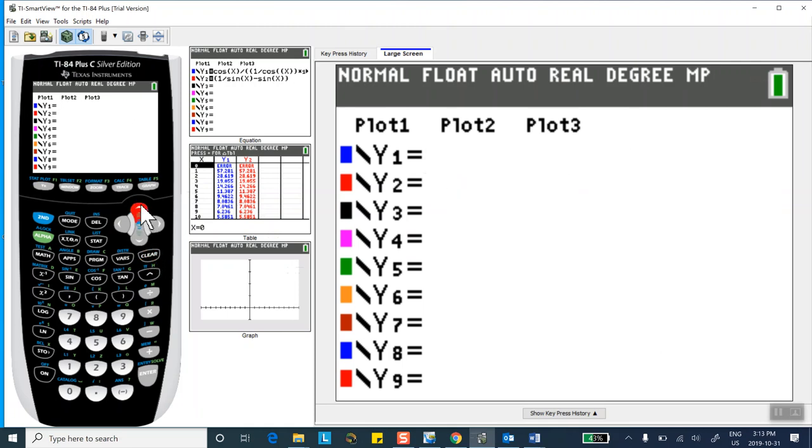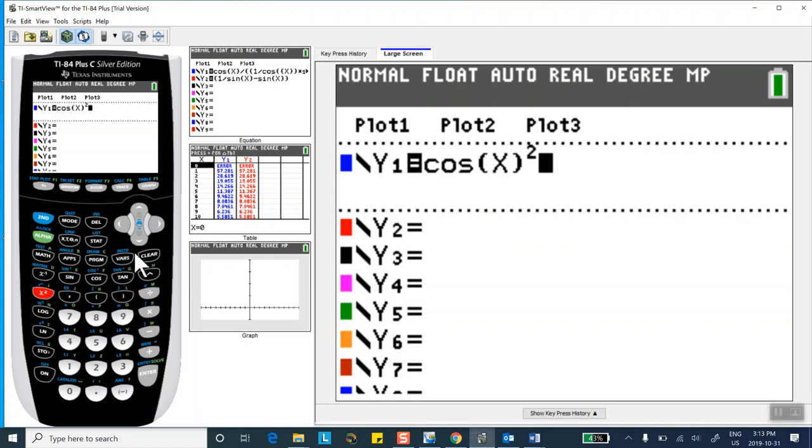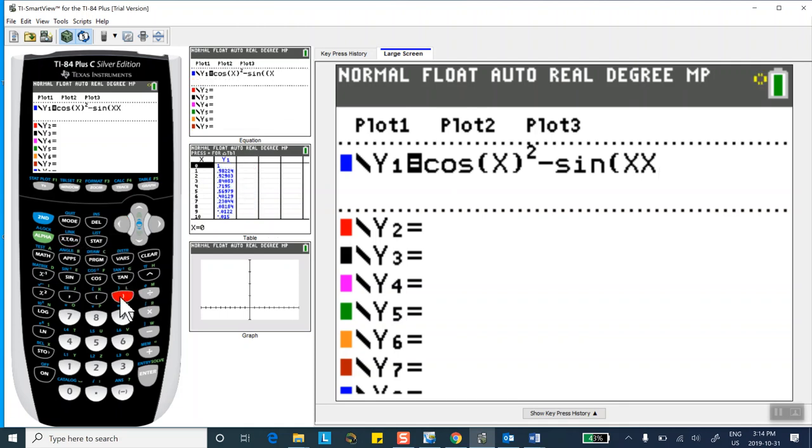Let's input our first function, which is cosine of x, close the parentheses, and square it, minus sine of x, close the parentheses, and square it.